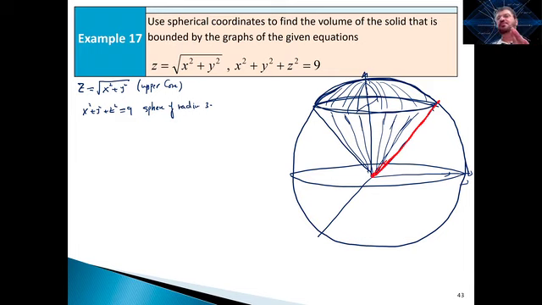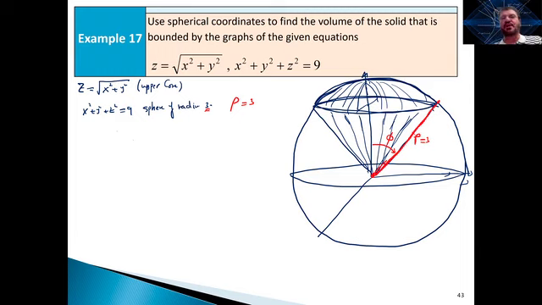So what's going to happen now? This is going to give us rho. What's rho? Rho is easily equal to 3, right? Because this is a sphere of radius 3. Then now we know that rho is equal to 3. The question is, how far is this one from the positive z-axis? And this is the angle phi, isn't it? That is supposed to be our phi.